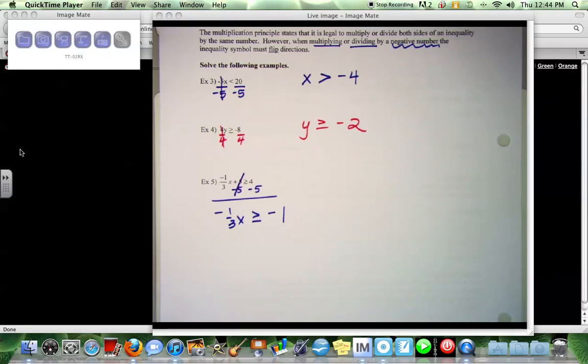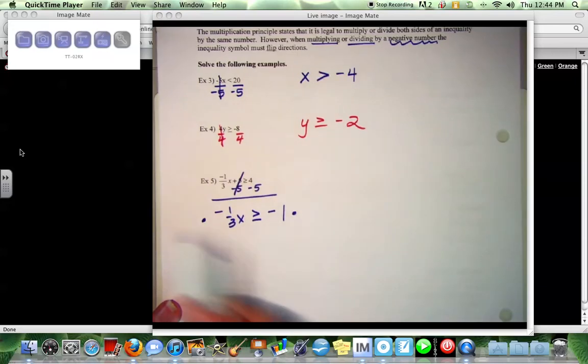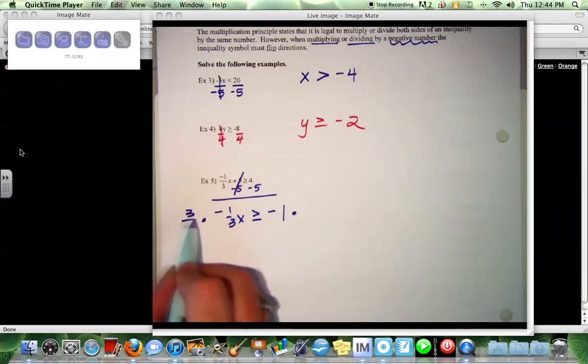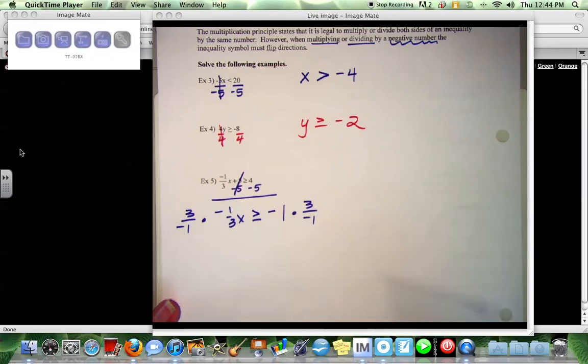Now what do we do to both sides? Multiply by the reciprocal. And the reciprocal is what? 3 over -1. So the 3's cancel, the 1's cancel, and we have x.